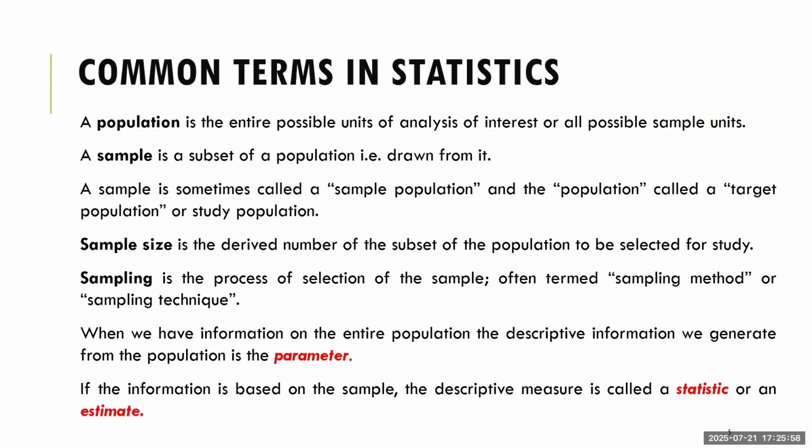Having calculated the sample size, you ask yourself, how am I going to select? If I've calculated a sample size of 500, of all the postgraduate students of the University of Port Harcourt, I want to select 500 of them. What method will I use to select these 500 from the entire postgraduate students in the University of Port Harcourt? That's where the sampling technique comes in, which is the process of selection of the sample.